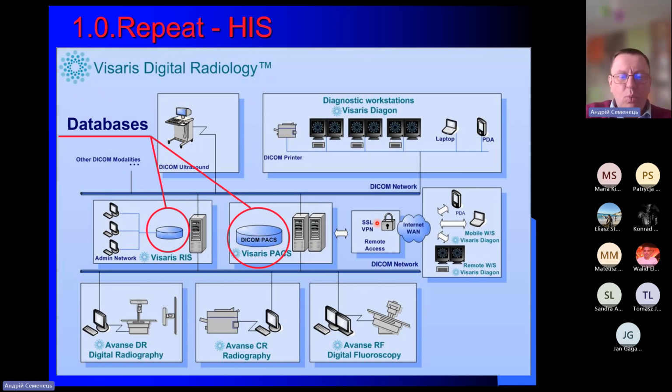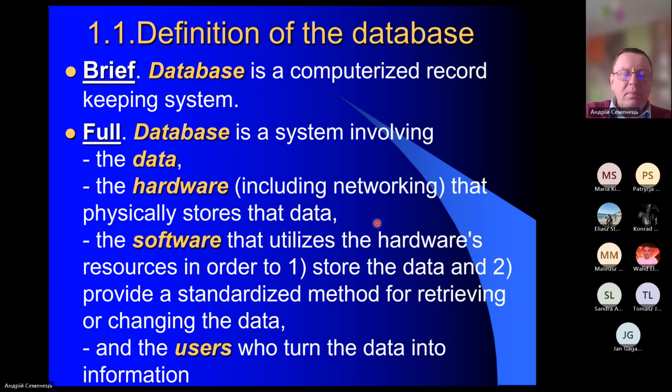And here you can also notice the same icons which reflect databases. So from here we have to understand that any and all medical information systems use one or a few databases to store and manage data. That's a mandatory component. We can't build a system without it.